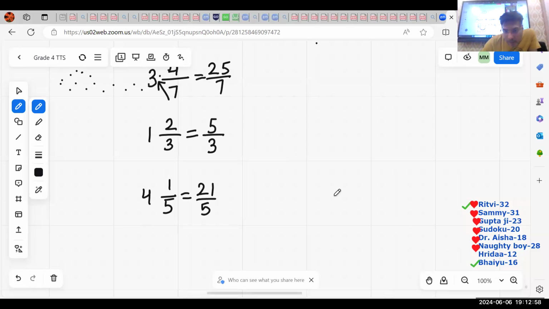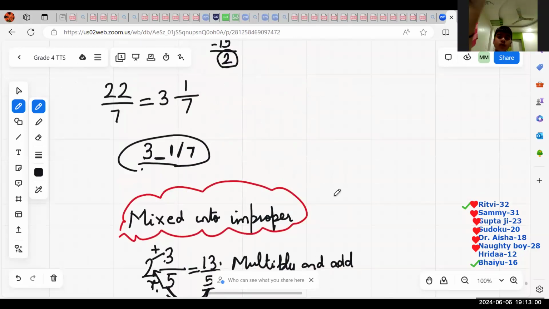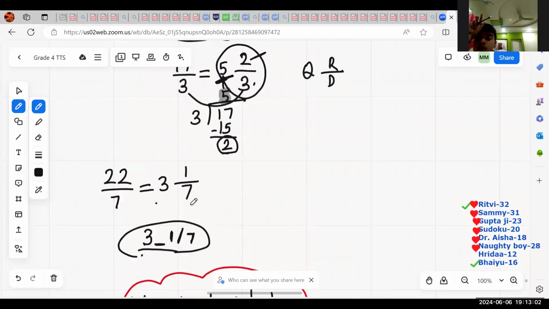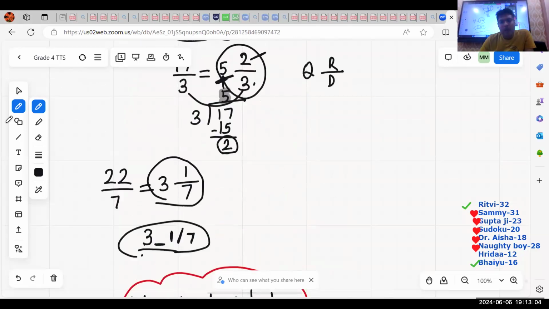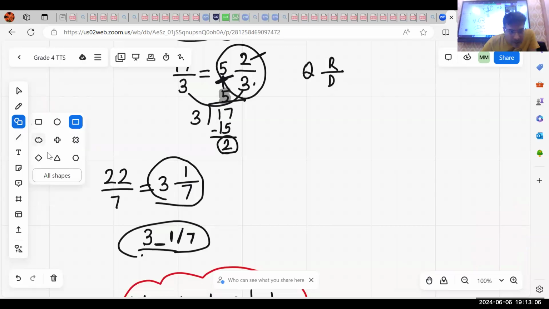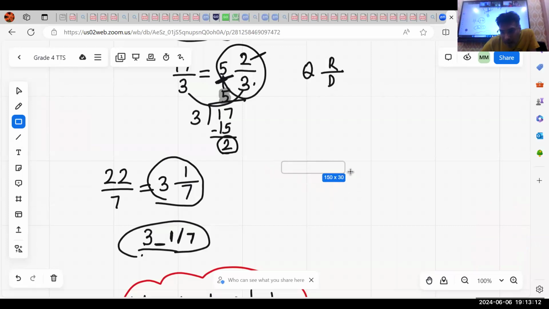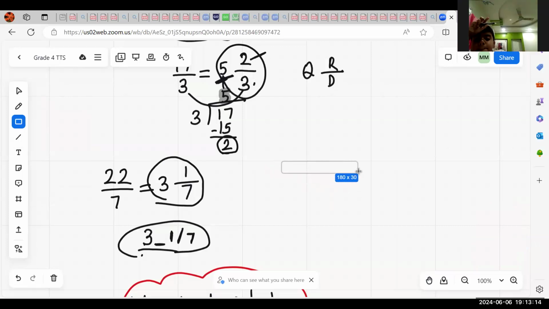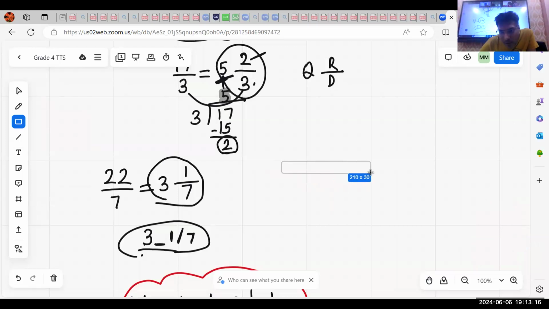Now, guys, I'll explain you the meaning of 3 1 by 7. Though I have explained you what does it mean. It means three full parts of something. So this is one full part.